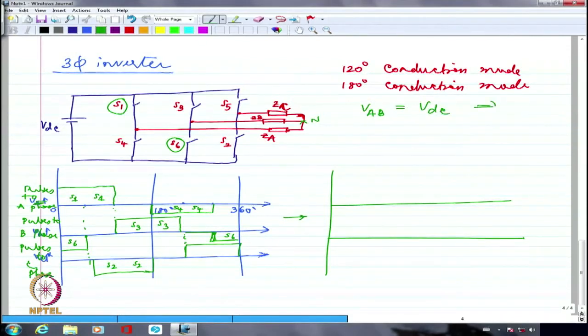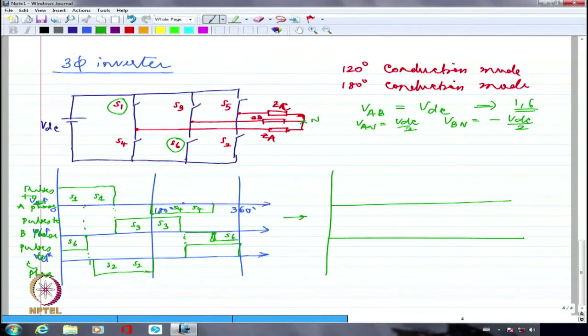Right? So I am going to have VAN equal to VDC by 2, VBN equal to minus VDC by 2, because I am assuming that it is a completely balanced load. That's how it is going to be.